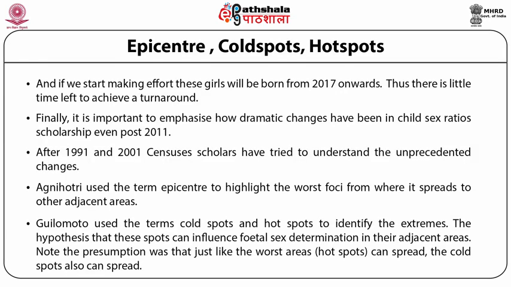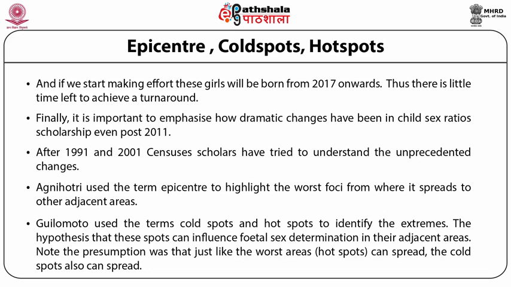So what we are seeing is, in 91, there were a large number of districts which didn't seem to have much change, but in 2001, more districts got affected, and in 2011 even more. Satish Agnihotri used the term epicenter to look at the worst foci, from where it spreads from one district to the entire region.